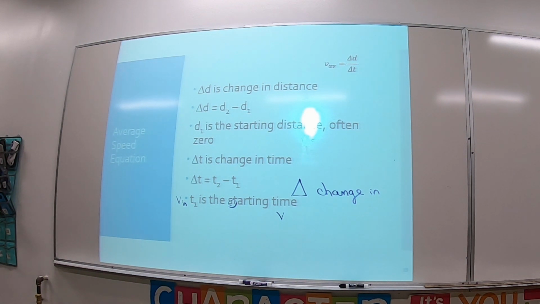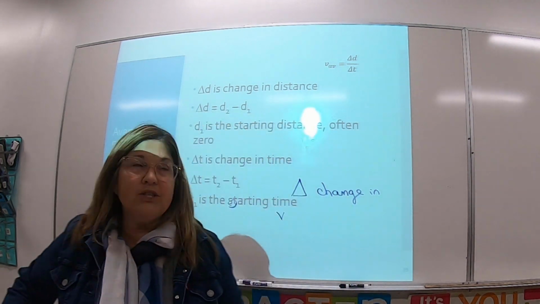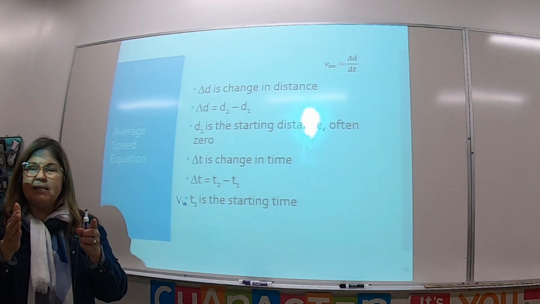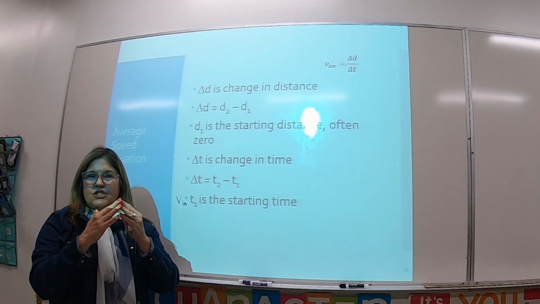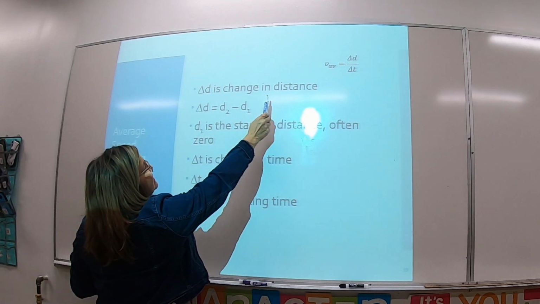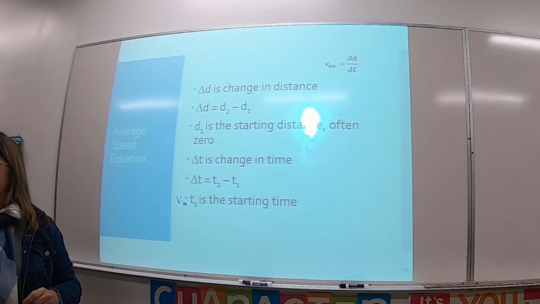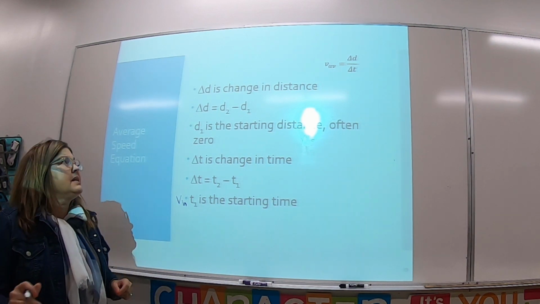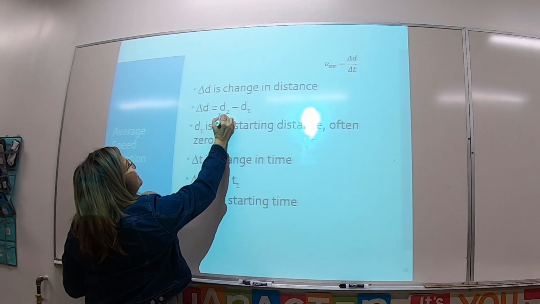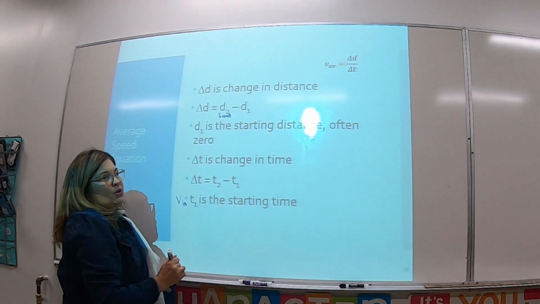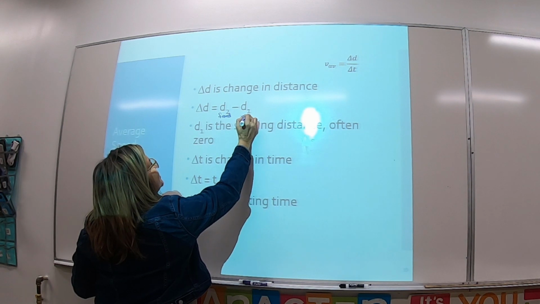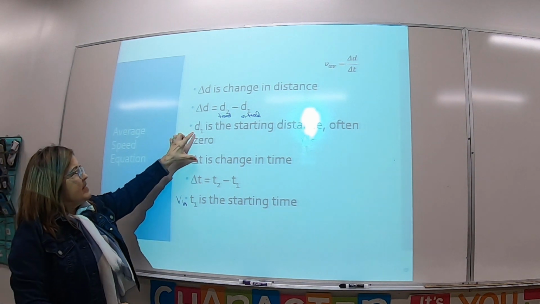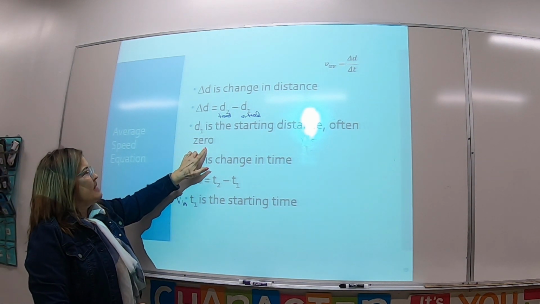We need to know what these variables mean before we can use our equation. So, delta d. We know d is distance. We know delta is a change in. So, of course, delta d means your change in distance. Anytime you calculate a change in something, it is your final, which is the d2, minus the initial. Final minus initial. So it says here d1 is the starting distance.